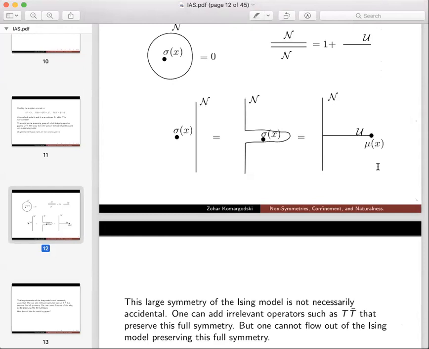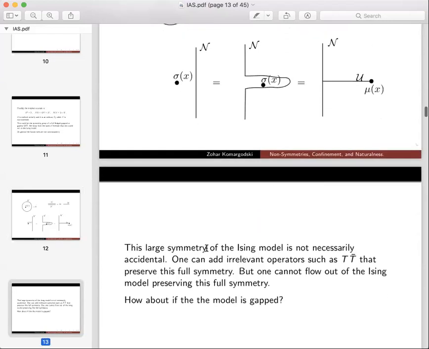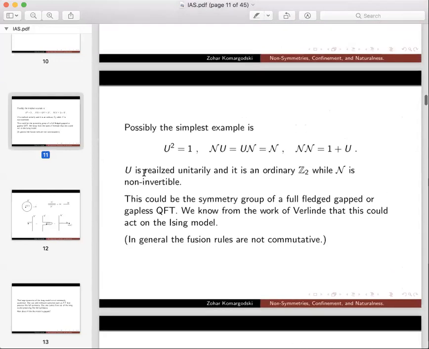Let me just say that something that Verlinde did not study was the question of whether this is just a symmetry of the Ising model, or whether it could be an interesting symmetry of a whole RG flow that leads to the Ising model. And the answer is actually yes, there is a whole RG flow that can end at the Ising model and be completely consistent with this large symmetry.